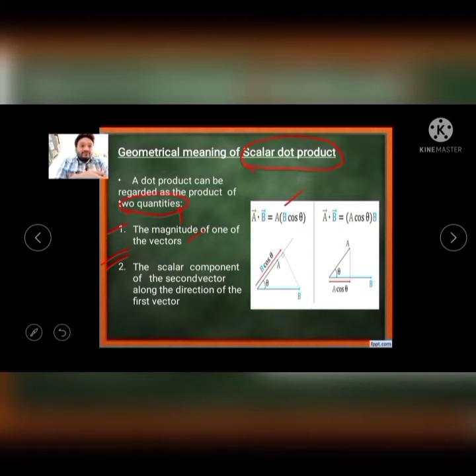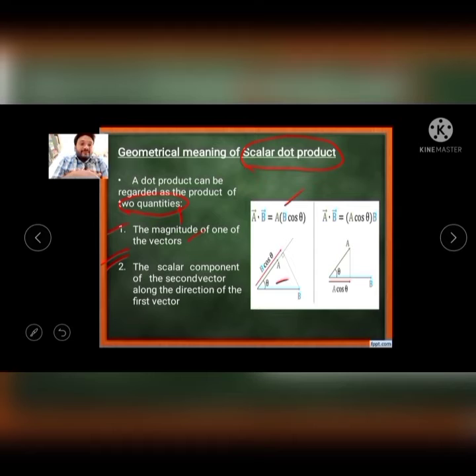In the first example I have vector A and vector B, and they are separated by angle theta here. Now if you want to calculate the scalar or dot product between vector A and B, let us see how we will calculate.